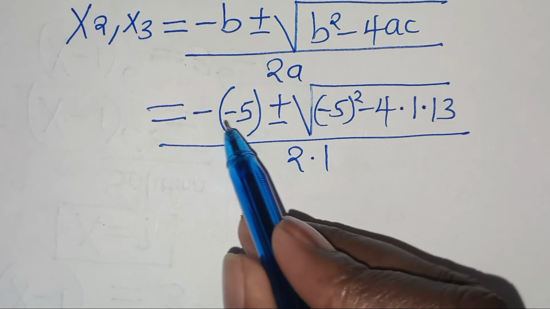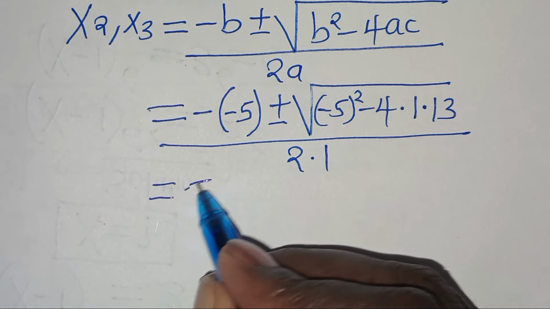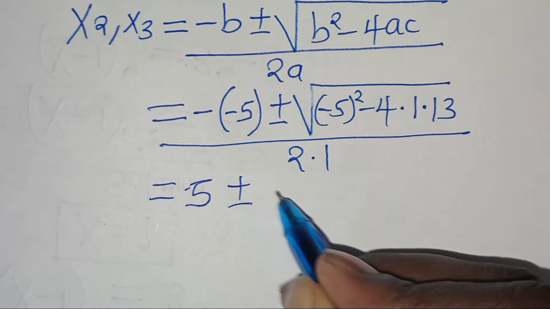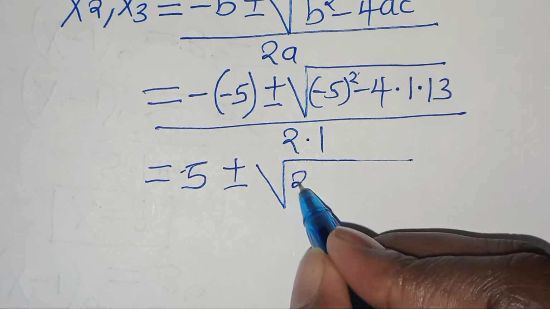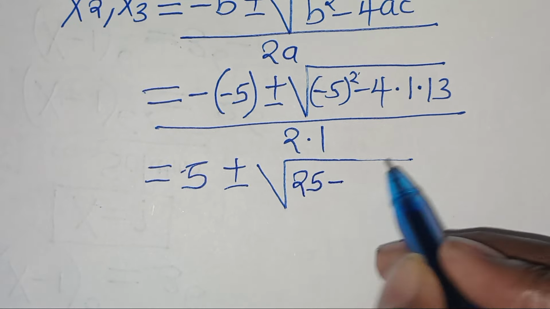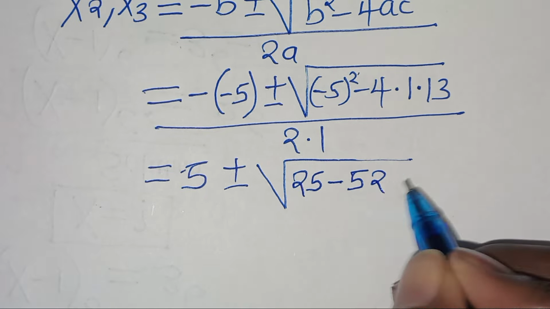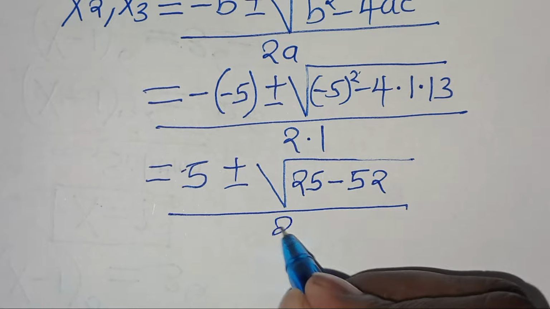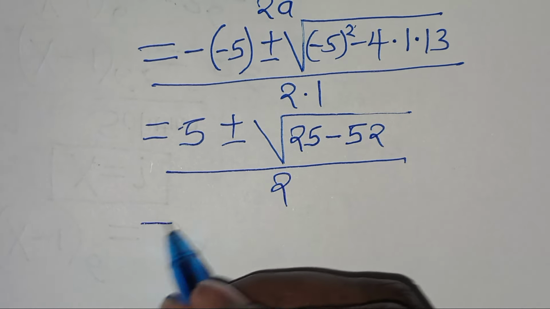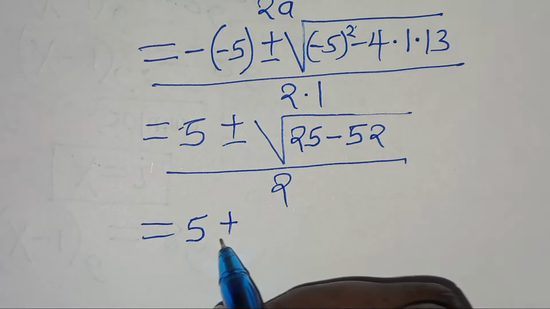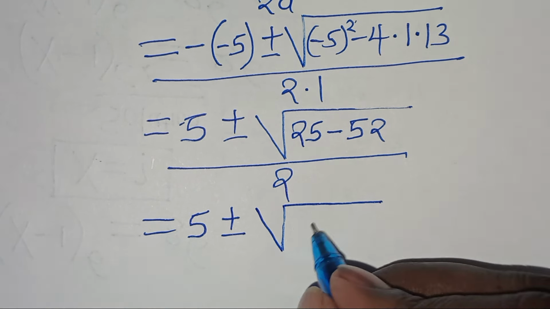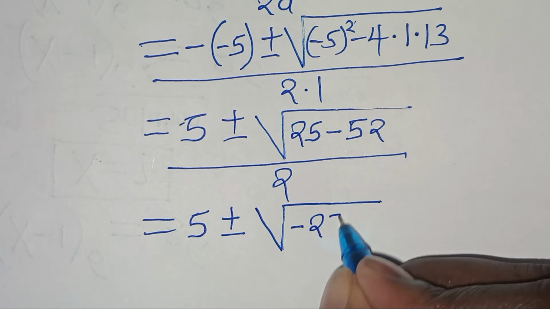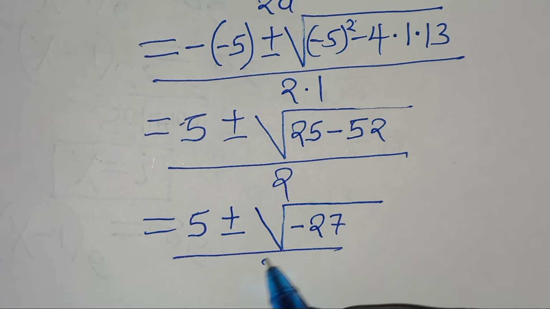Now minus times minus 5 is 5, plus or minus the square root of 25 minus 4 times 13, which is 52, everything divided by 2. So this is 5 ± the square root of 25 - 52, this is -27, divided by 2.